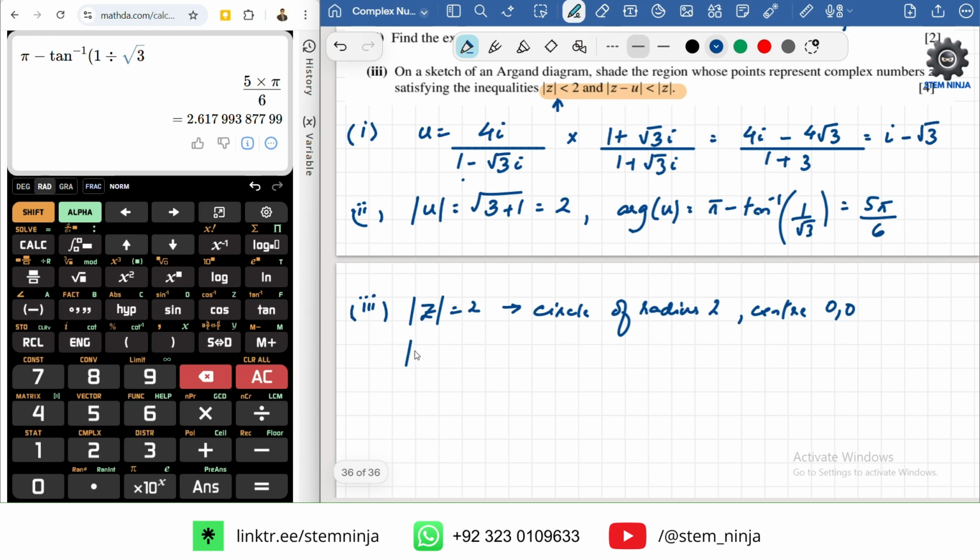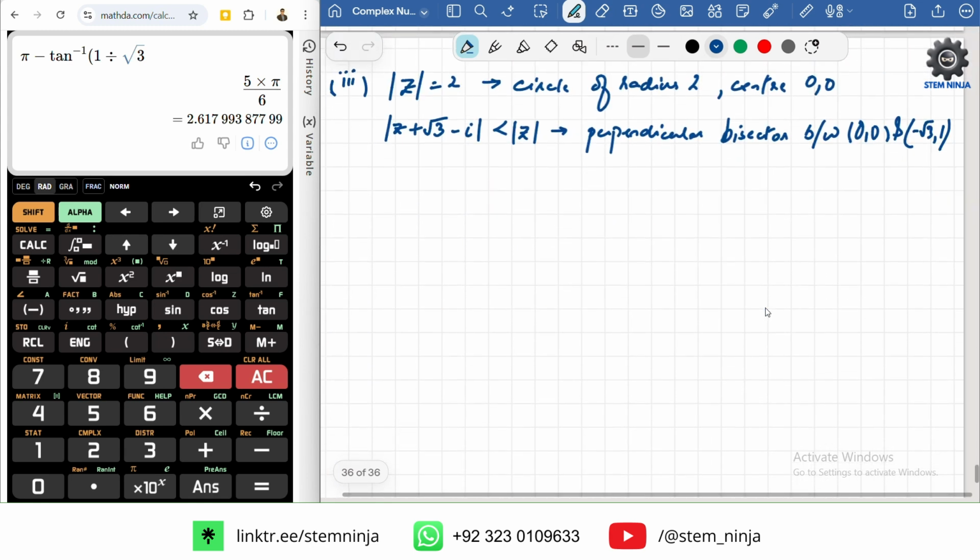And this one, mod of z minus, we have actually found that out, plus root 3 minus i, is a perpendicular bisector between (0, 0) and minus root 3, 1. Right?